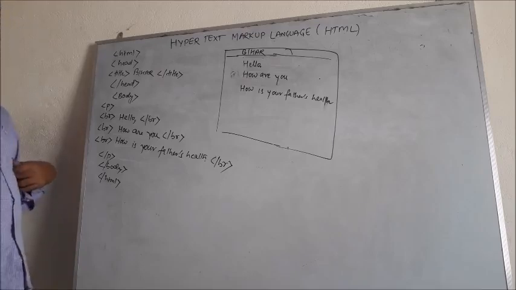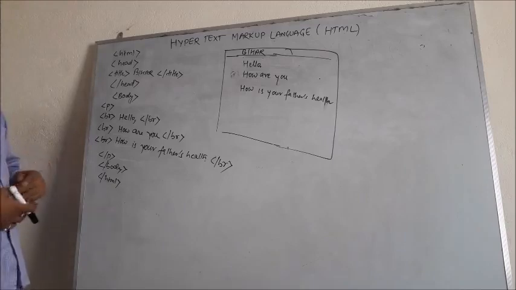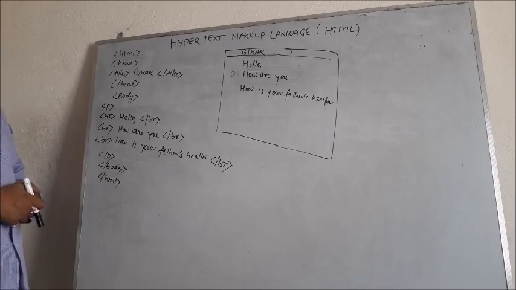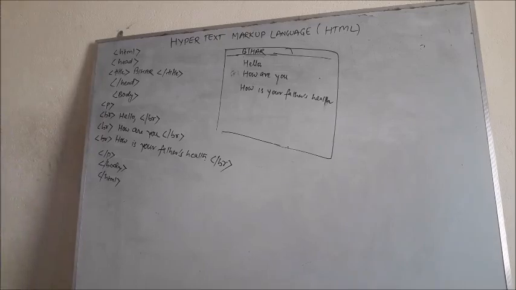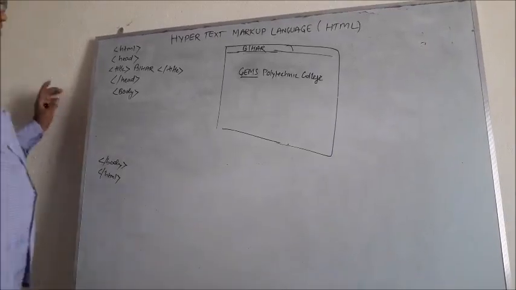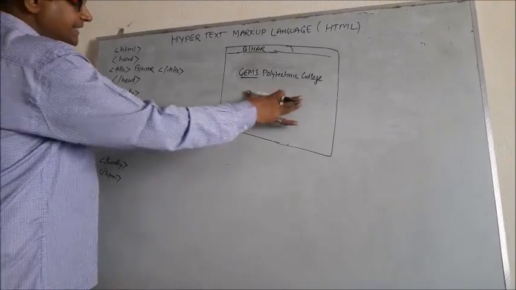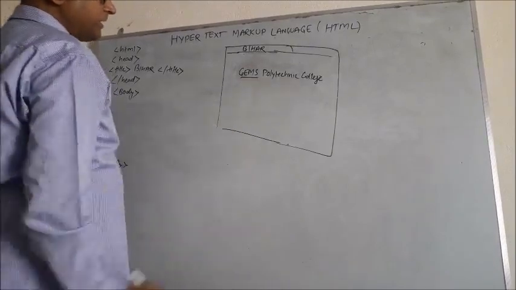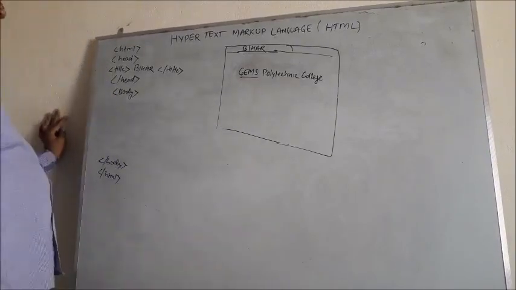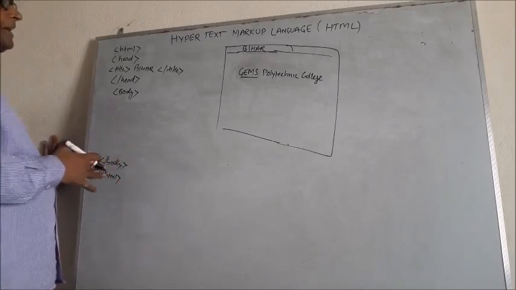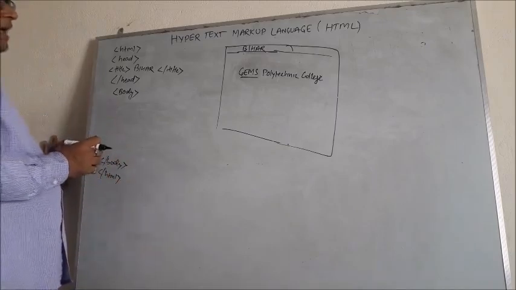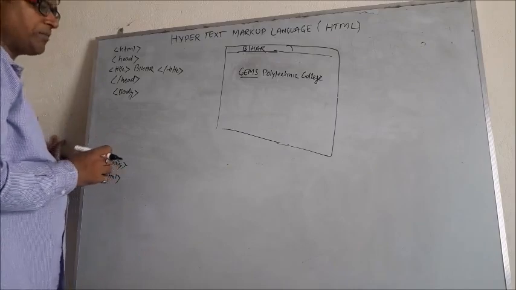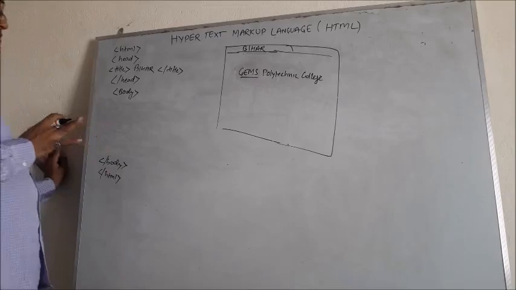Next, in the next example, I will try to explain how underlined words are used. So see the content in the output stream. Here I have used GEMS Polytechnic College, but I want to underline GEMS only, and Polytechnic College will remain as usual, right?